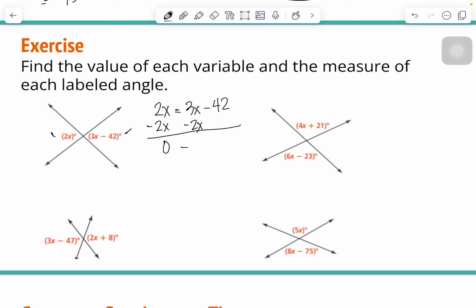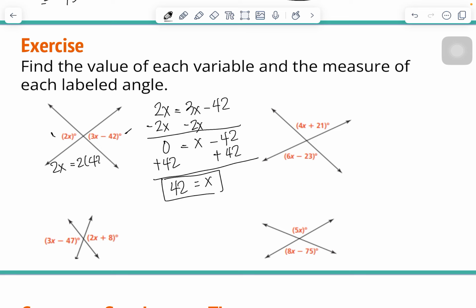So that 0 equals x minus 42. So they're still bugging with x, which is negative 42. So we add the 42 there, both sides. And that will give you 42 is equal to x. And 2x is equal to 2 times 42. That will give you 84 degrees. And this will also be 84 degrees.